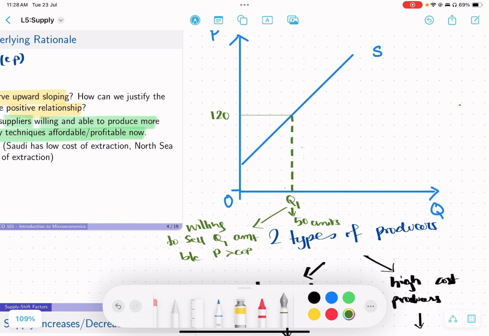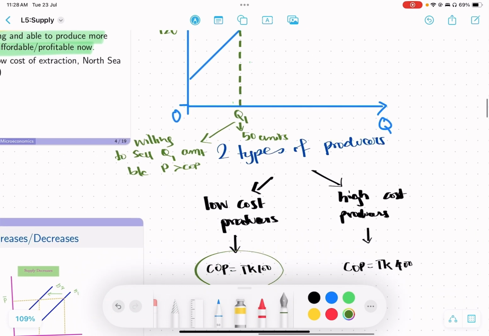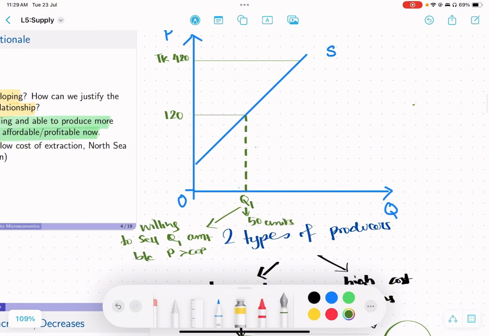Now, let's say suddenly the price for some reason goes up to taka 420. Now what happens? Remember the high-cost producer whose cost of production was 400? Now he can actually enter into the market. He is now willing to sell. So at taka 420, the high-cost producers enter the market.